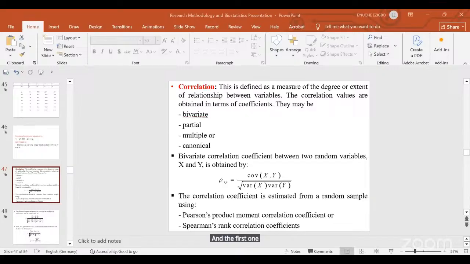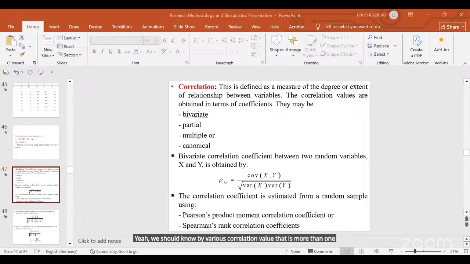The highest correlation value is 1, and the smallest bivariate correlation value is what? -1. So, bivariate correlation has values ranging from -1 to where? To +1.